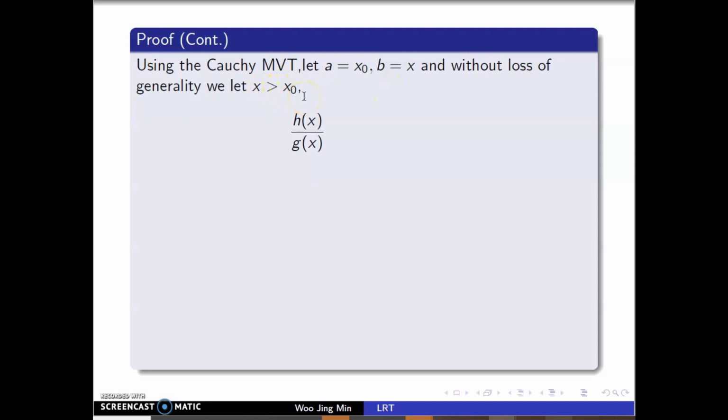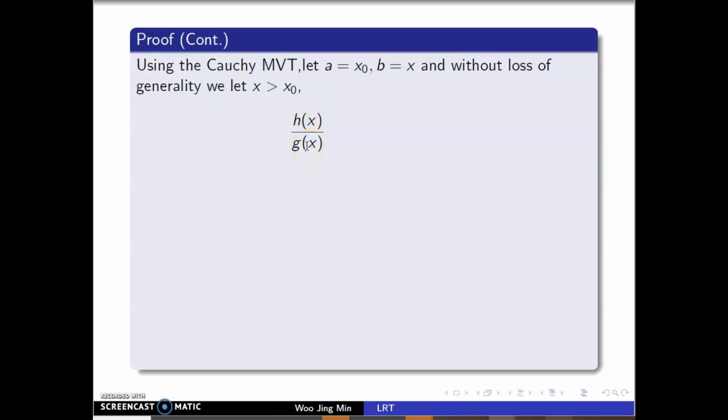The idea is simple: this will not by any means be any different if you did it the other way around. Not much difference anyway. So let's use h of x over g of x.